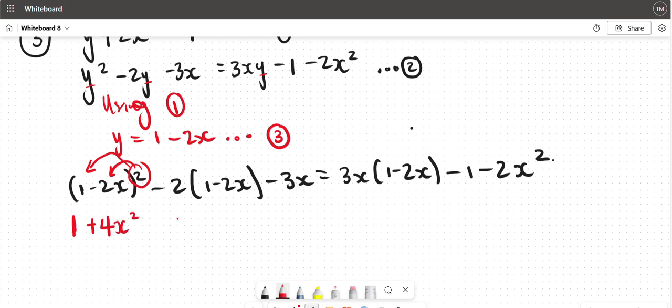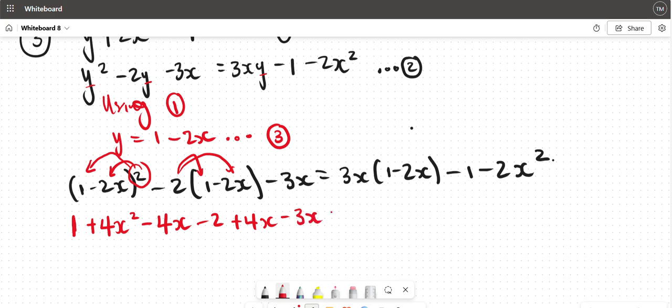Then I times them together: 1 times negative 2x will give me a negative 2x. Then I times it by 2, so I'll get a negative 4x as the FOIL of that. Then this negative 2 would distribute into that bracket, giving me a negative 2 plus 4x.